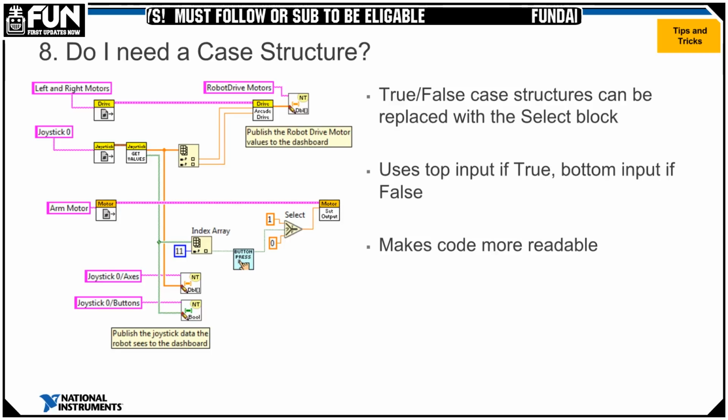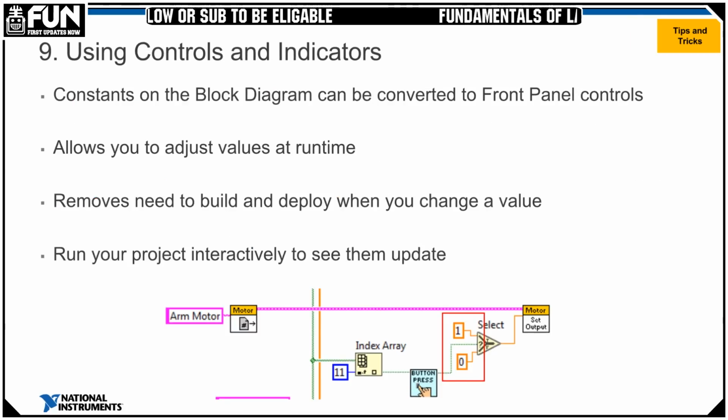Tip and trick number 9 is using controls and indicators, and how do we use them effectively? Constants on your block diagram can be converted to front panel controls. I've highlighted the two constants I'm going to be looking at here, because these are the ones that make sense to want some control of.